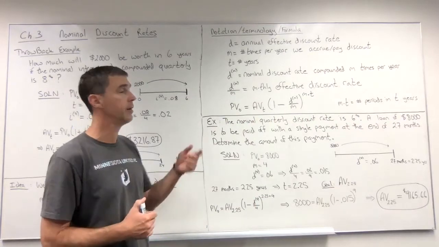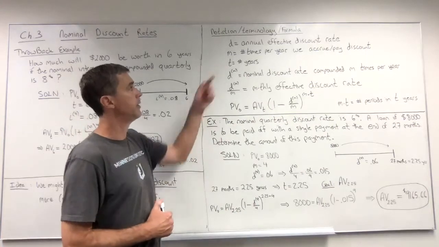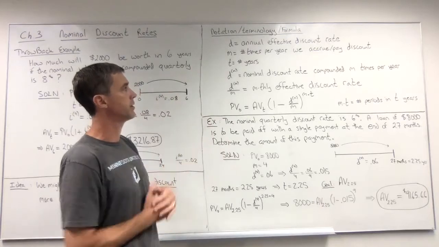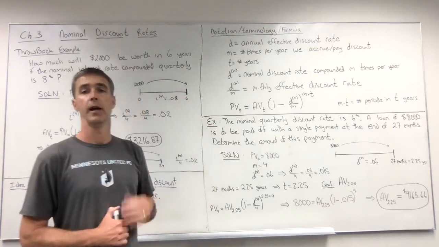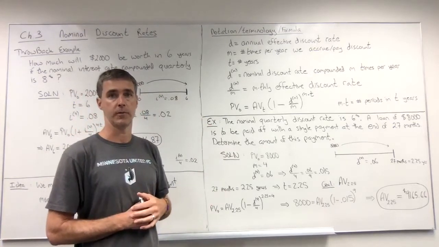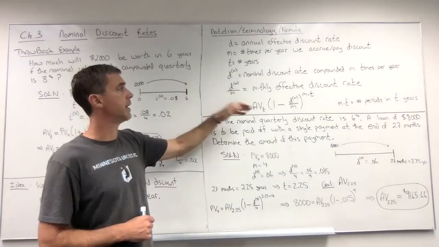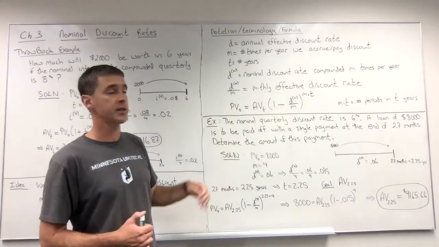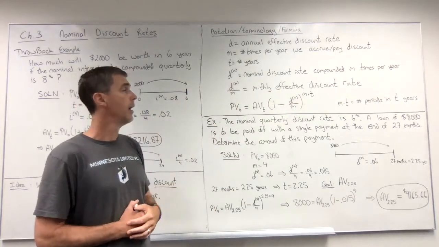So if it's monthly, m is 12. If it's quarterly, m is 4. t will be the number of years. And d superscript (m) is the nominal discount rate compounded m times per year. Again, we'll never use that value alone in a computation. We'll always divide that nominal rate by m to get the effective discount rate, so the monthly effective discount rate would be d superscript (12) divided by 12.